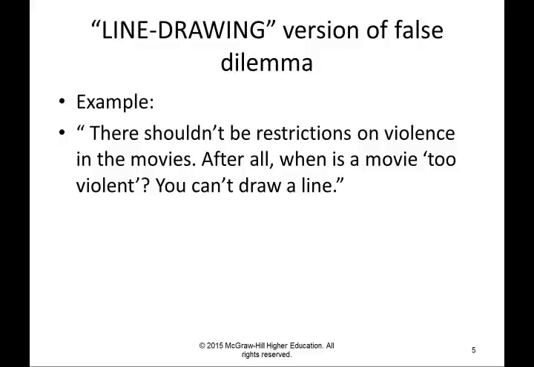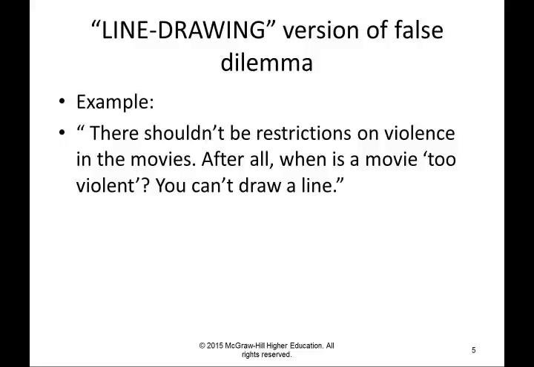Of course, you could very easily take this the other direction. Since you can't draw the line, we should restrict all of them, which is what some extremists do. They say, since we don't know, you can't have any. And then people who are more liberal say, since we don't know, you should be able to have it all. Same premise, exactly opposite conclusion.